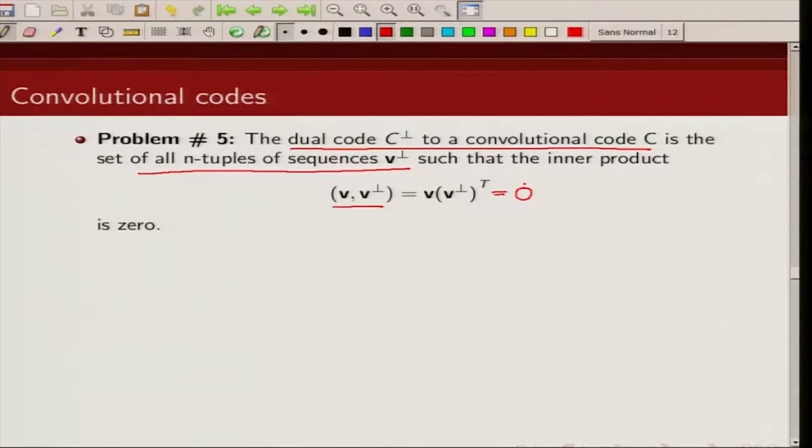So if you have a dual to the original convolutional code, then if you take n-tuple sequences from the original code and the dual code, their inner product will be 0.